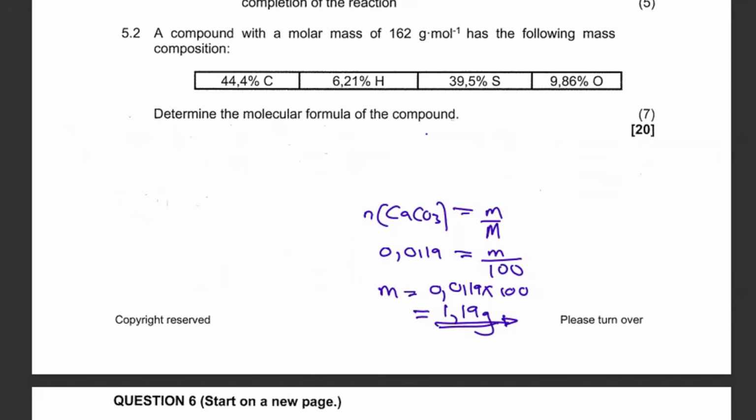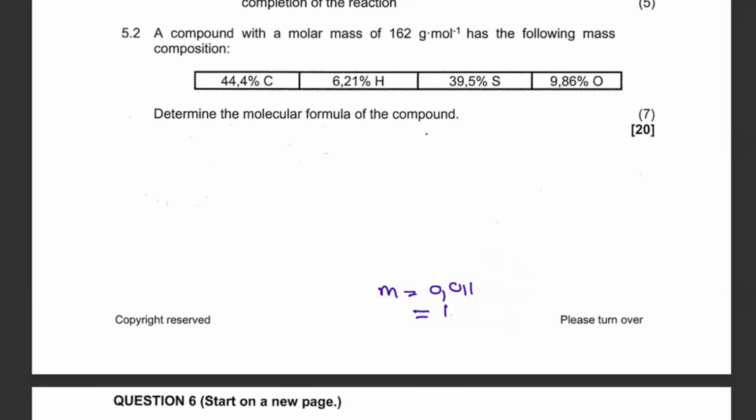Take note: to determine the molecular formula of the compound, you need to go through the empirical formula, which is your simplest ratio. So we're going to start by working out the empirical formula. After that, we can work out everything.